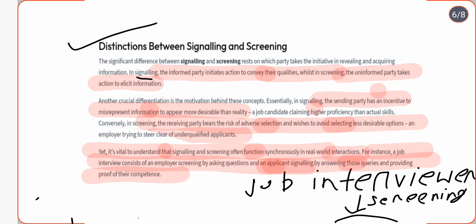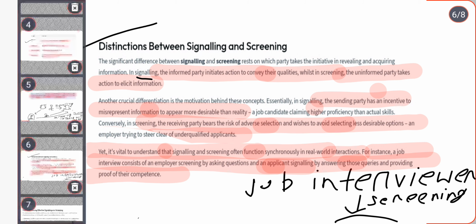The job interviewer is trying to screen the person, taking the process of screening. And similarly, the candidate is trying to give proofs that I am a good candidate, that he is a competent candidate, he is a good candidate, he has the potential to work for the company.